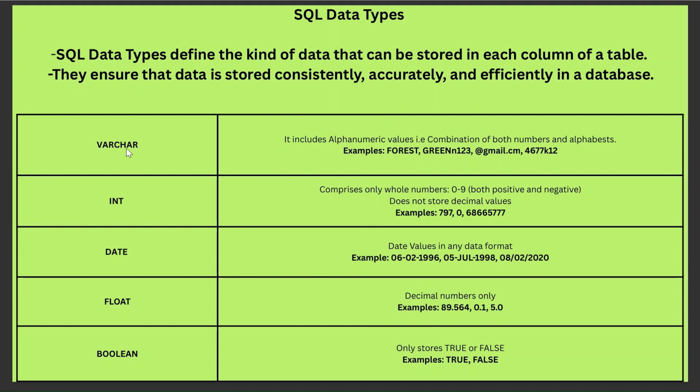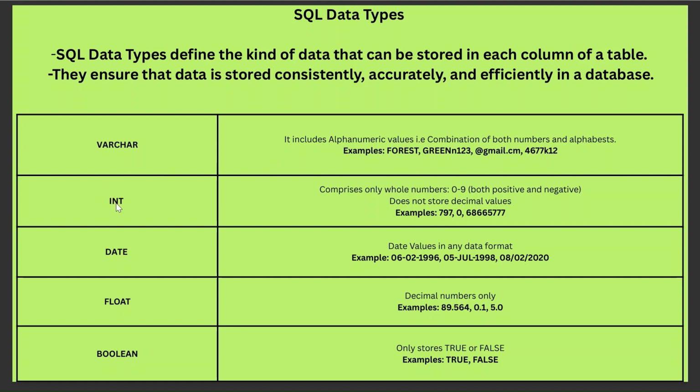Varchar is an example of a data type. Varchar includes alphanumeric values, that is the combination of numbers and alphabets.